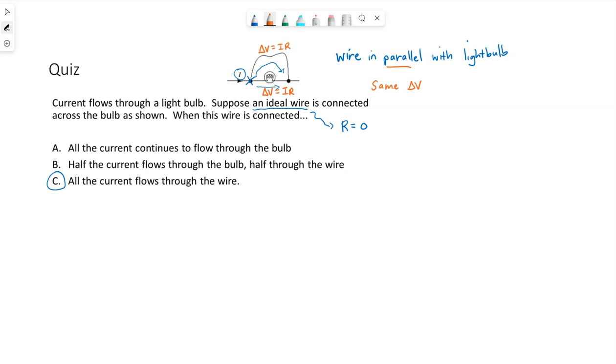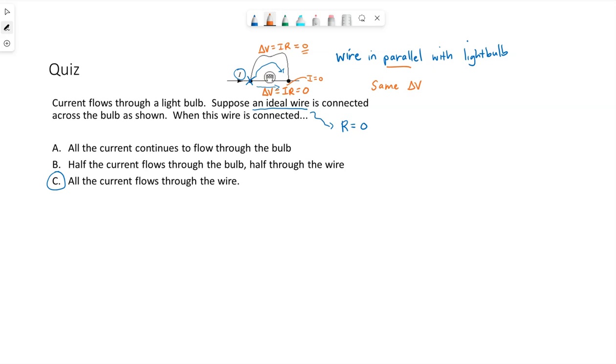But R is 0. If R is 0, then it doesn't matter how much current would flow through it. But if R is 0 up here, it needs to be 0 for the light bulb as well, which means I must be 0 for the light bulb, because the light bulb has a resistance value. R is not 0.